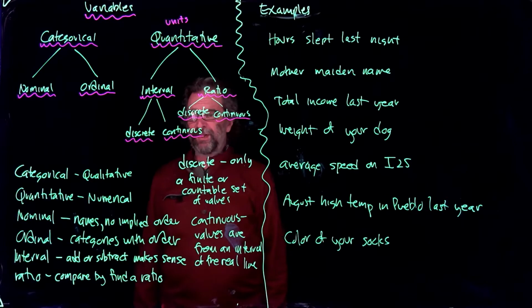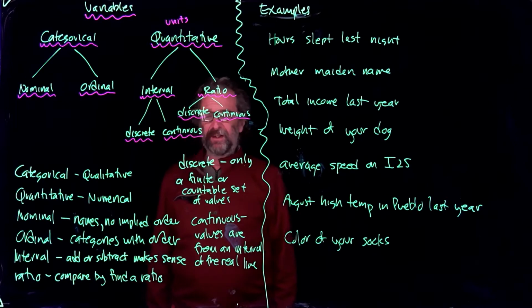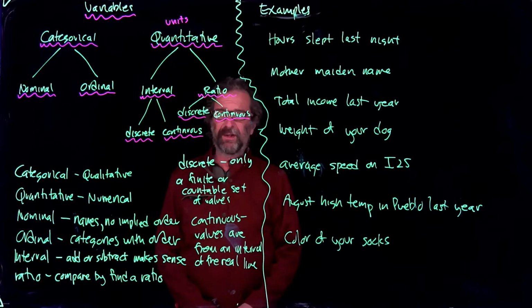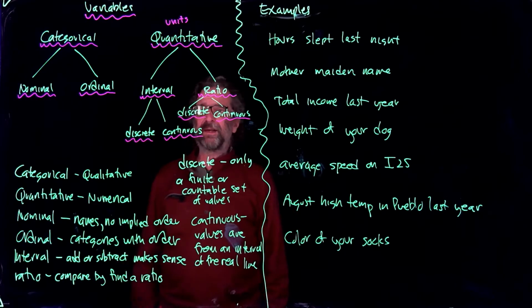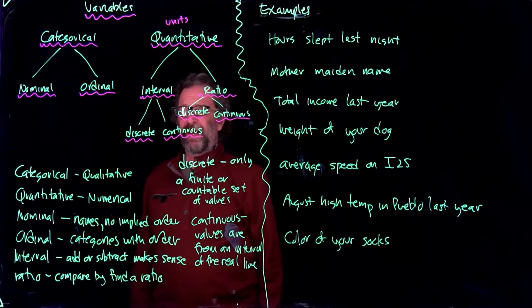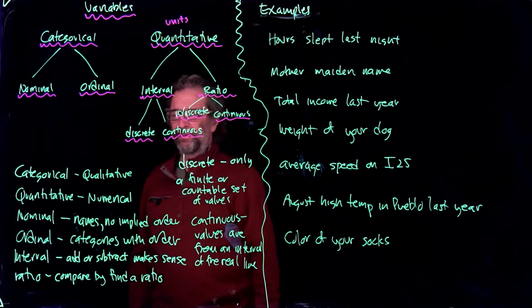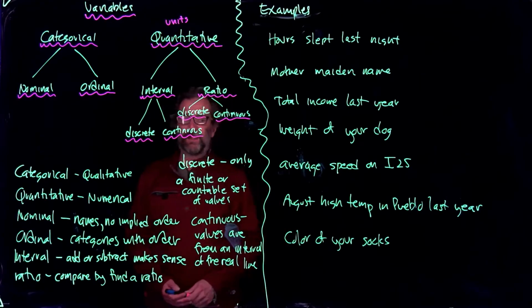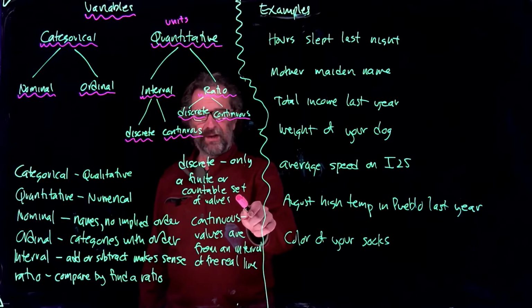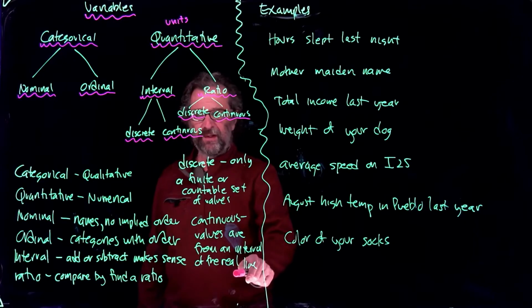So when you're measuring something, not very accurately, like how many acres is the property, you say 1 or 2 acres, something like that, that would be considered a discrete variable. But if you measured it accurately, 1.073 acres, you would consider that now continuous, because you could basically get any kind of number. So the idea is discrete, only a finite or countable set of values. Continuous values are from an interval of the real line.